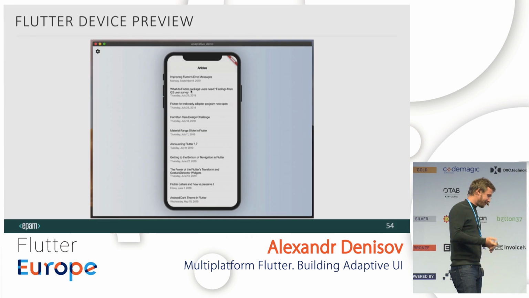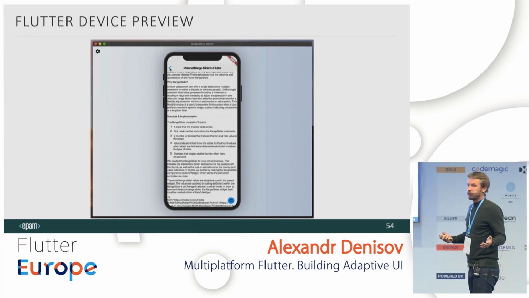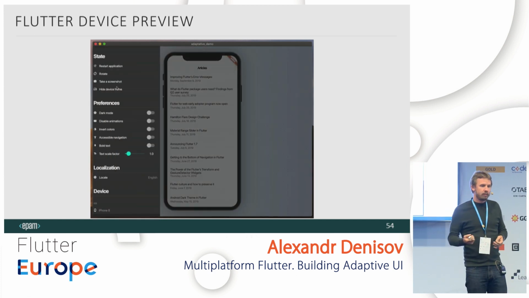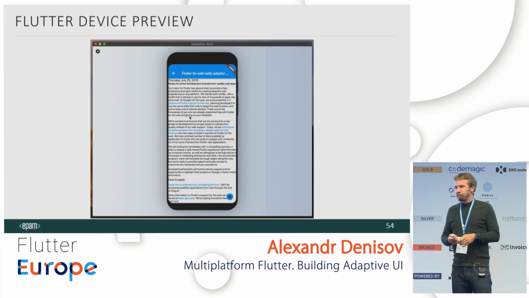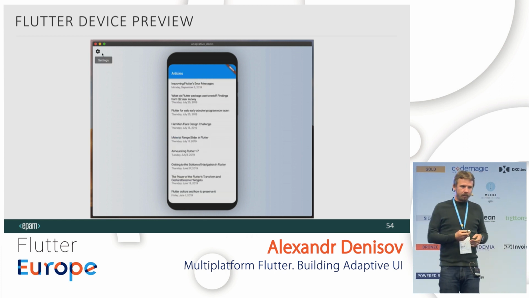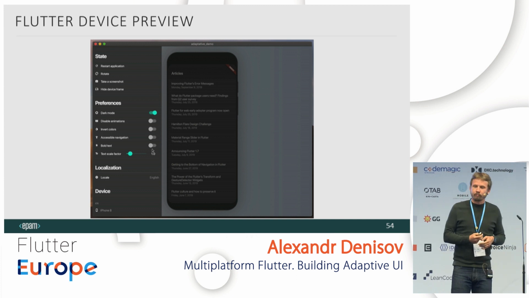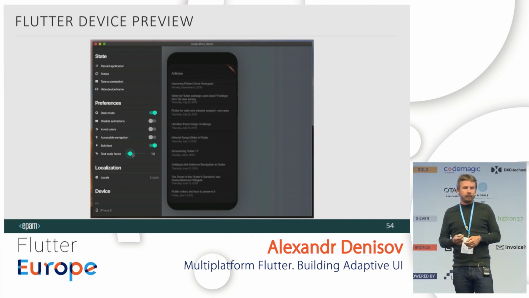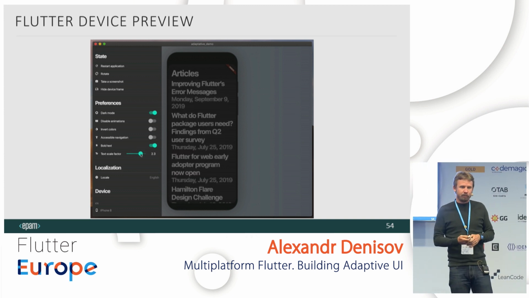Yes, but one more thing. If you, for example, don't want to install Visual Studio Code and make your own octopus, you can try to find something interesting in packages built by the Flutter community. For example, Flutter Device Preview by Alice Daniel from France.